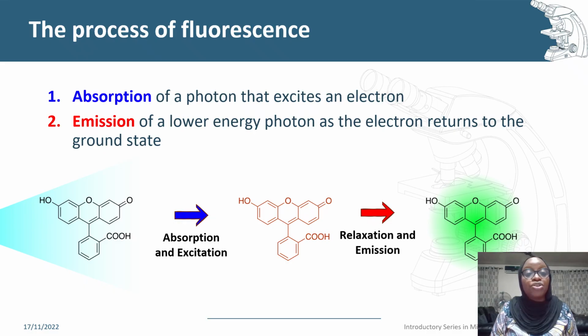So emission is part of the second process. Remember that the wavelength of the emitted light is always longer than that of the light that is absorbed. This is a decrease in energy, as the emitted light has a longer wavelength.